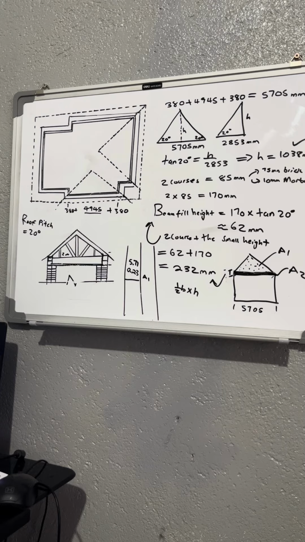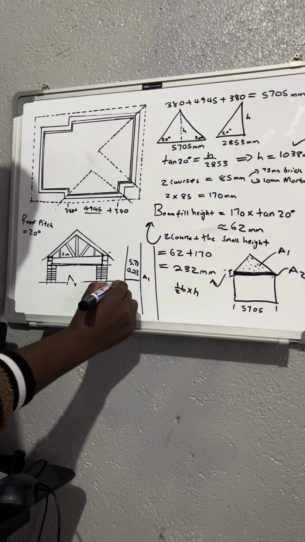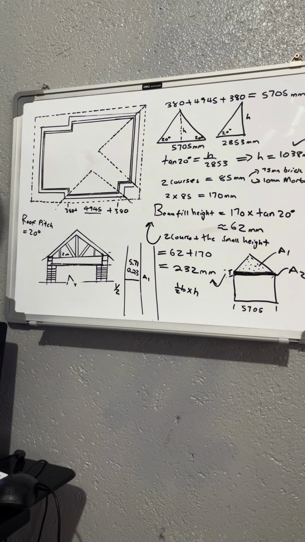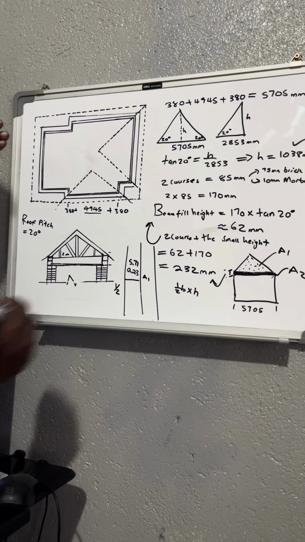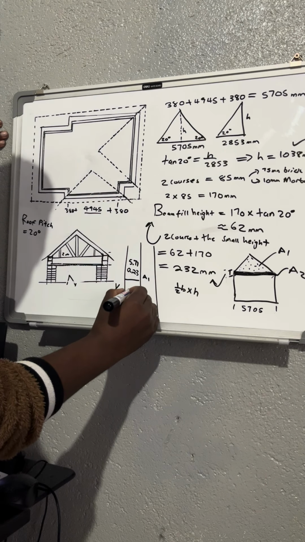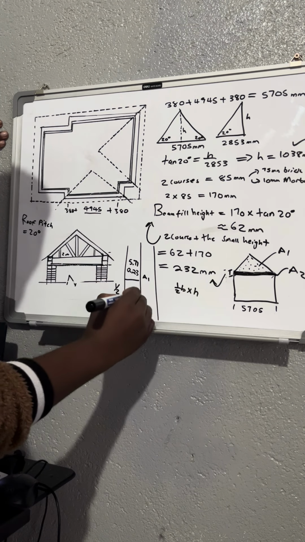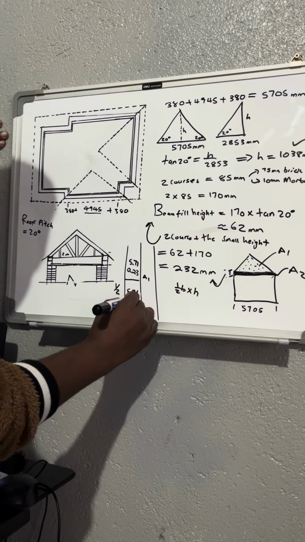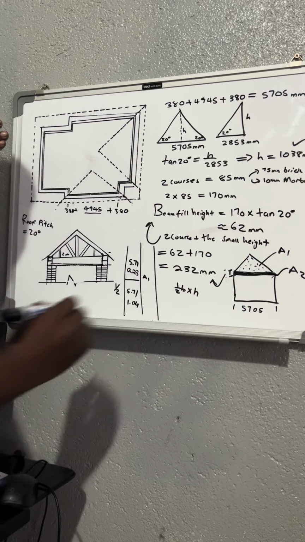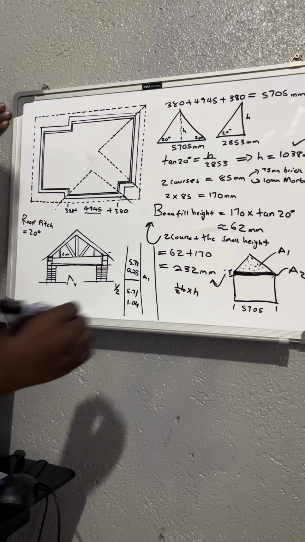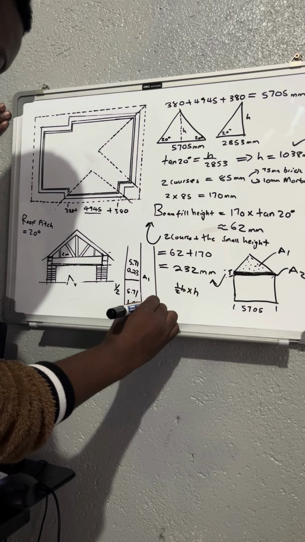It's 5705. So how are we going to write it? We're going to say we have half, then our base is 5.71, then our height is going to be 1.04. You see? Then this one is for area 2.